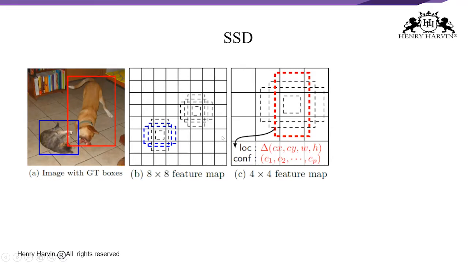For each location, we will correspondingly look at some rectangles of a fixed number of aspect ratios. You have an aspect ratio of 1 cross 1, and so on. What is the aspect ratio?